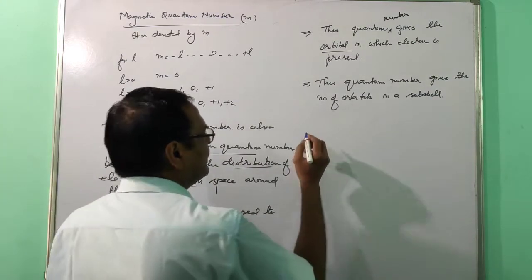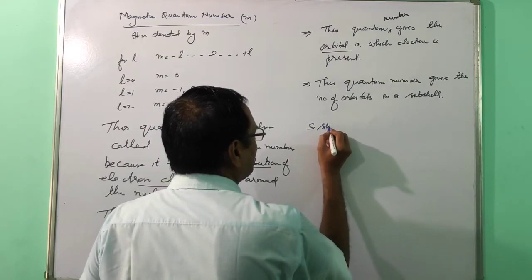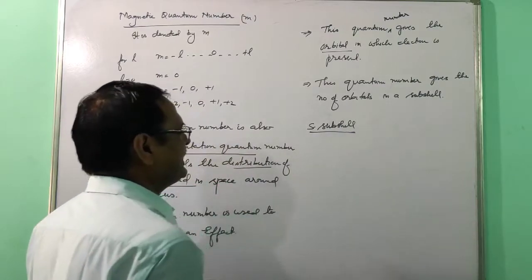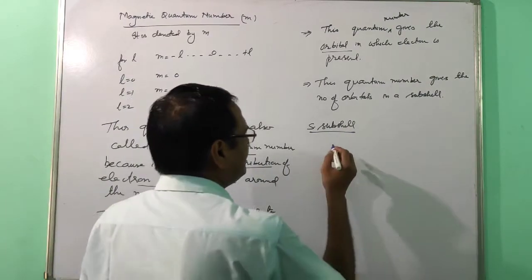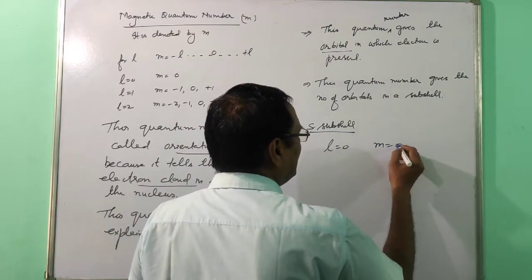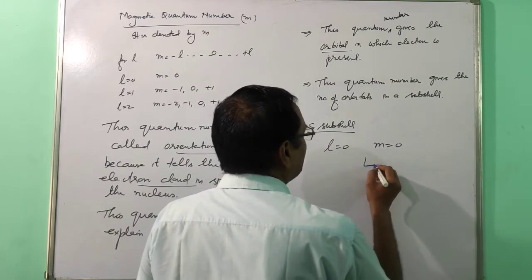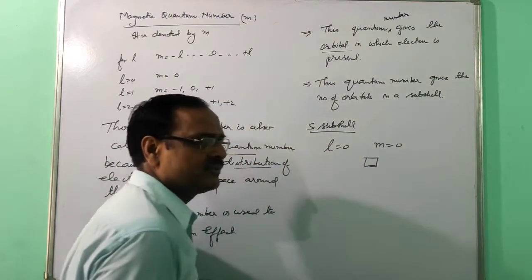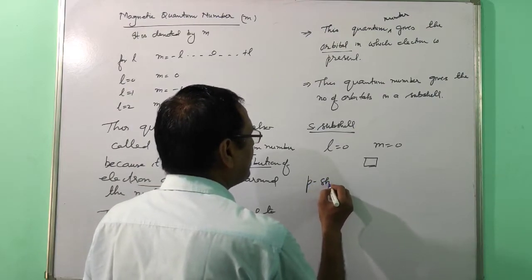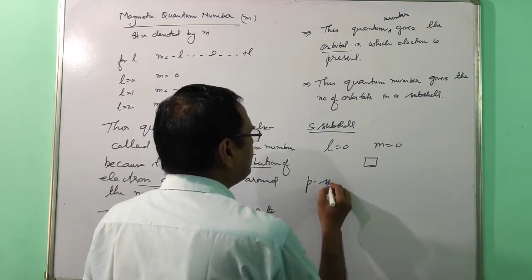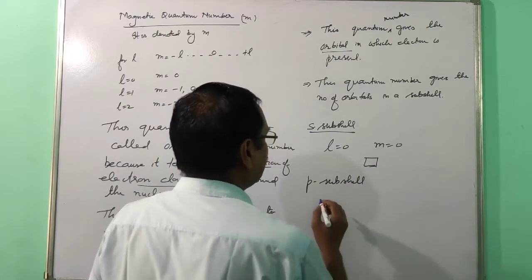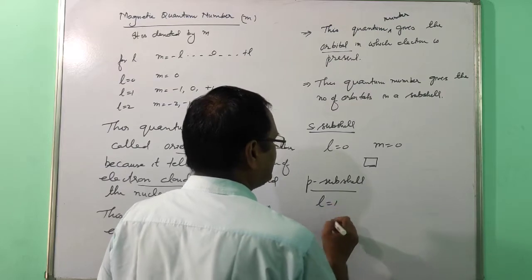So first of all, we are taking the S subcell. In the S subcell, L is equal to 0. So if L is equal to 0, m will also be 0. It means that one orbital is there. One box means one orbital. Then the P subcell, for which L is equal to 1.